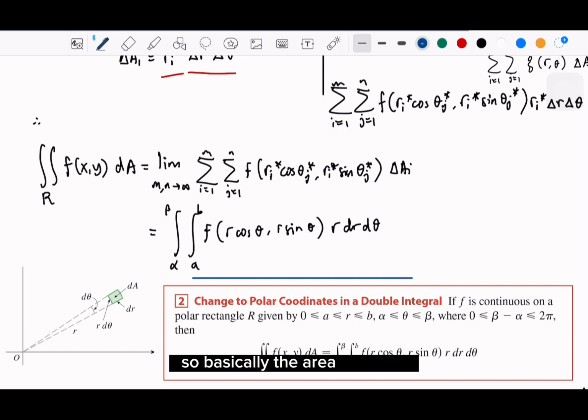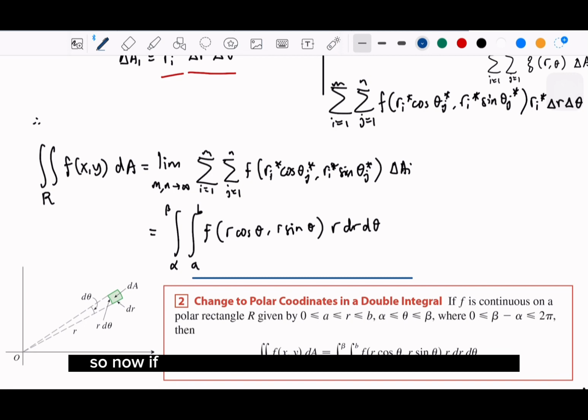So basically the area is this dr multiplied with r d theta. But the important thing from the formulation is that we need to write the last pieces as r dr d theta. If we change r and d theta, it will change the definitions. So it always starts by taking theta here, and then the radius is here.